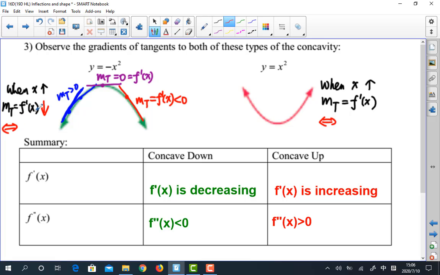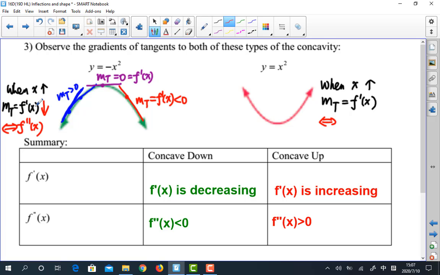What's the meaning of f prime x is decreasing? So when f of x is decreasing, we all know the first derivative, which means f prime x, should be less than 0. So right now this gradient function is decreasing. So the derivative of this first derivative function should be less than 0.